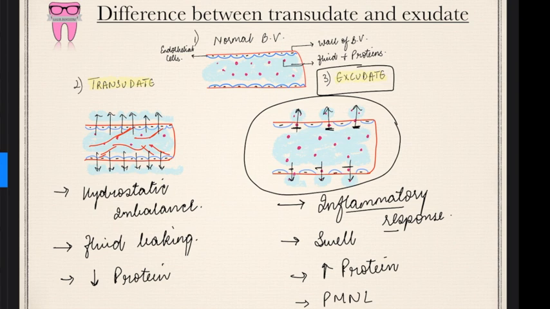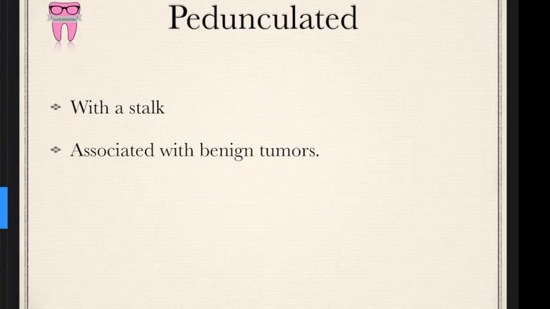Now coming to the next term, these terms are related to lesions. Pedunculated. Pedunculated means with a stalk. Okay? These lesions with a stalk are usually mushroom shaped. They have a stalk like a twig. This is a stalk.